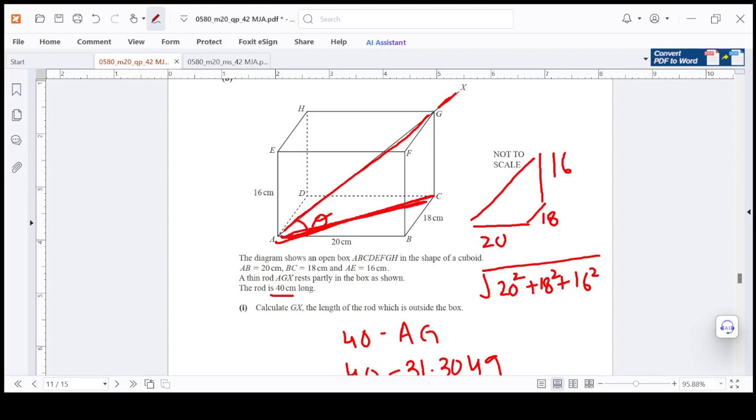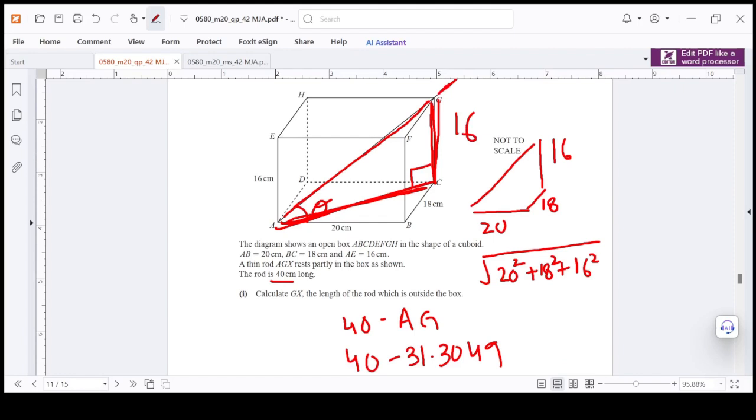So we need this length, and then we get a right angle triangle. In fact, we don't even need this length because we have the opposite, which is 16, and we also found AG, which was 31.3049.